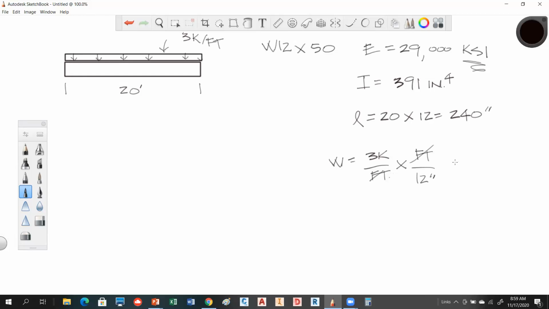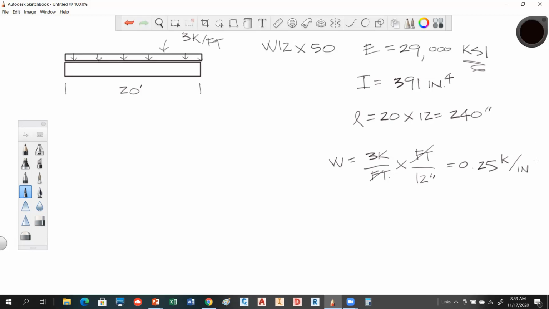You see that? Now, you're not multiplying by 12 in this case, you're dividing, so you have to be really careful with that. That's the natural inclination, that you would multiply it, and what you would do is blow this by a factor of 12. So now we're in the proper unit. This is kips per inch. Okay, does everybody see what I did there?